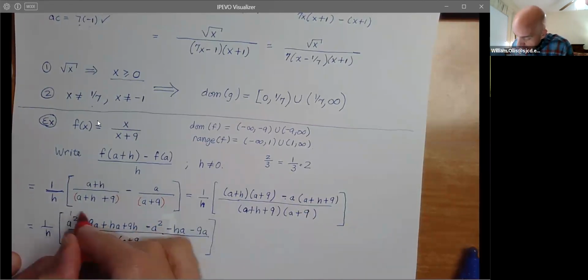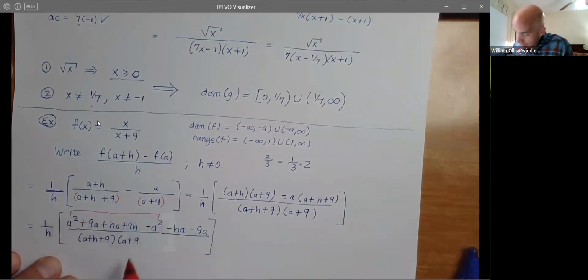That is, these absorb, this absorbs with this, and then this absorbs with this. So everything pretty much goes away.